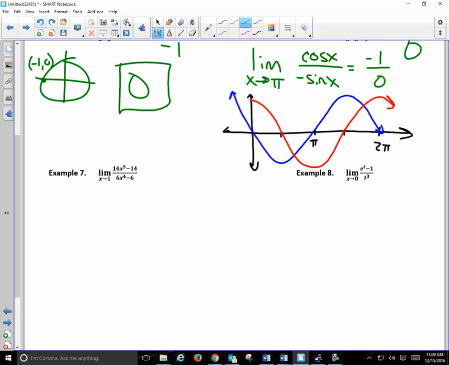I have to approach from the right and from the left. So I'm going to approach from the right. Let's grab our cosine values. As I approach from the right, what's the cosine value going towards? Negative 1. So I have negative 1 divided by, and then if you look at the sine graph, as you get really close to pi, but just stay on the right-hand side of it, is the value positive or negative?